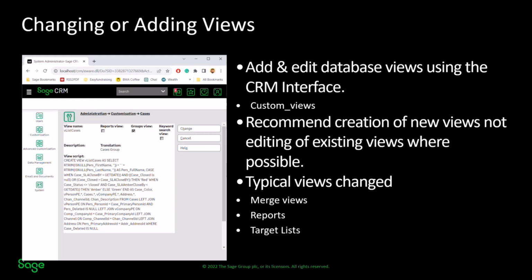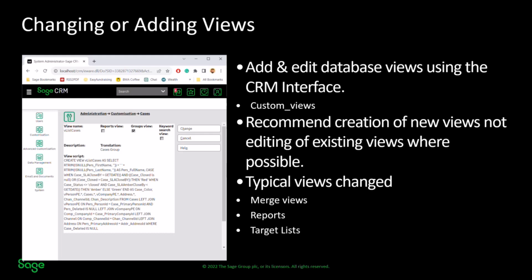These are called user views because you've got different types: core views, system views, and user views. You want to create your user views rather than changing an existing view, and that removes the problem that Sage CRM might come along and just in an upgrade change one of those other views.